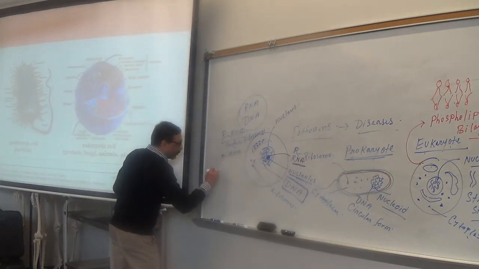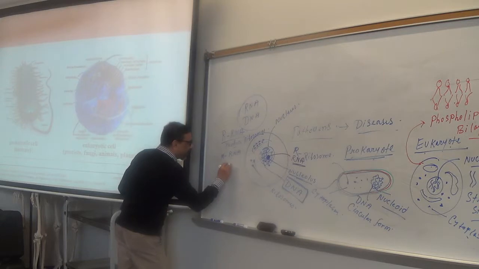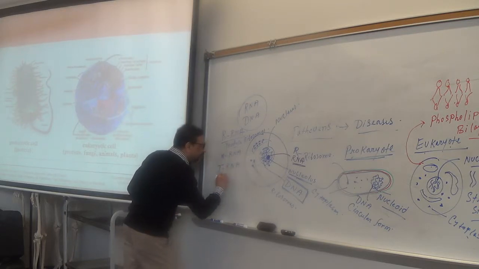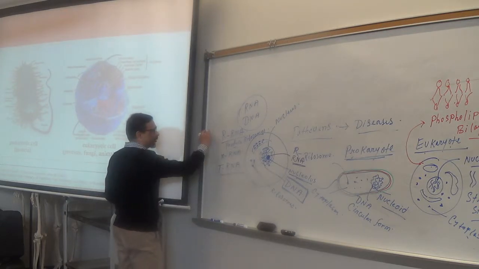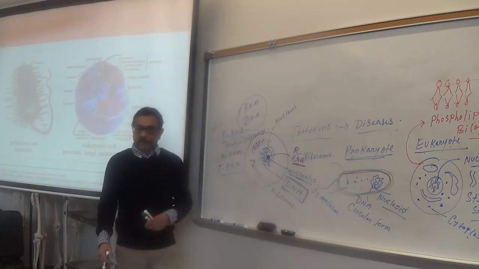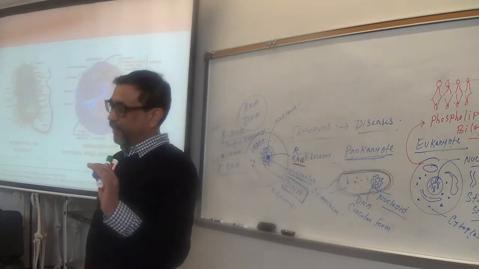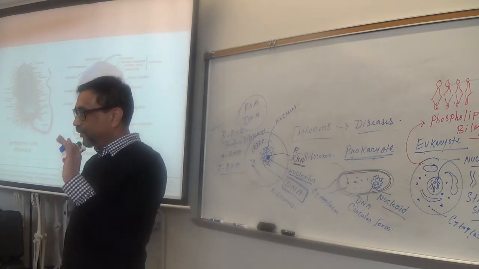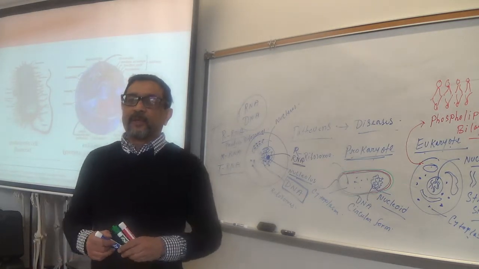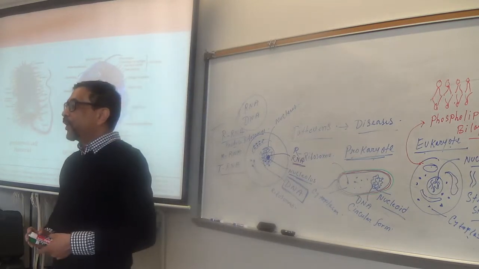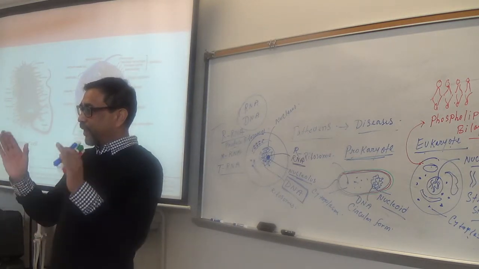And third type is called transfer RNA. So three types of RNA present in the cell: ribosomal RNA, messenger RNA, and transfer RNA. Make sense? Three types of RNA. Now, I have already mentioned ribosomal RNA.